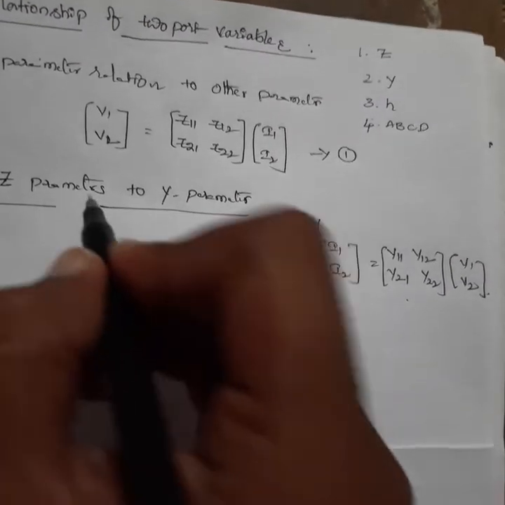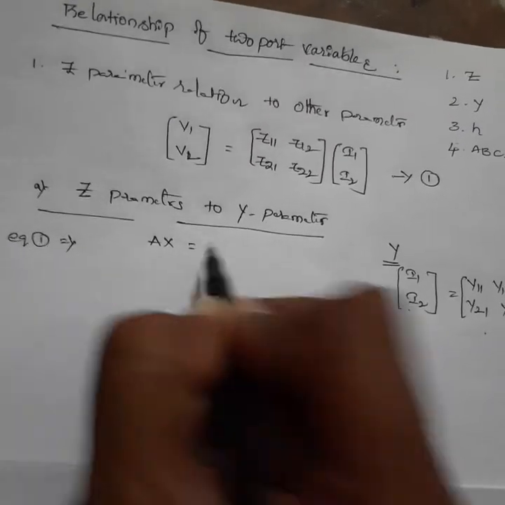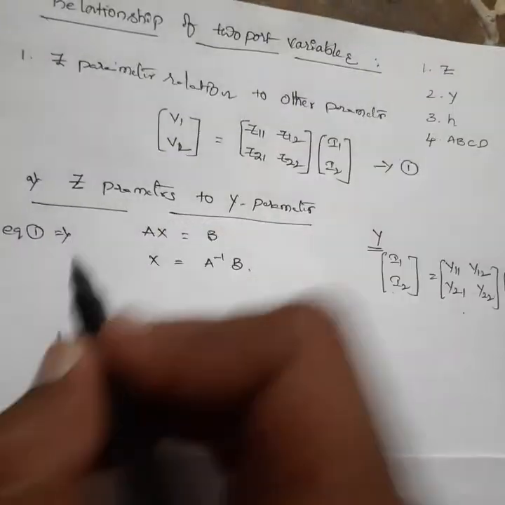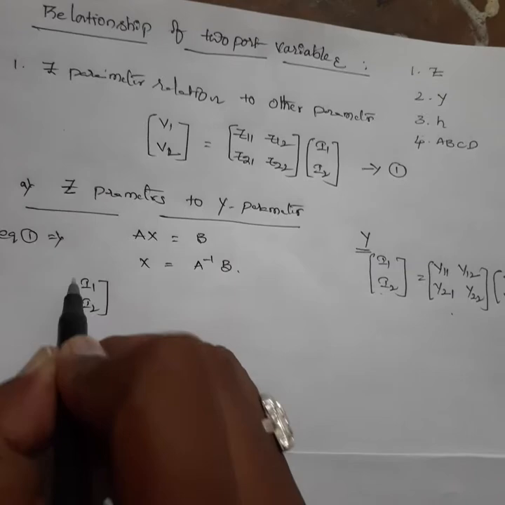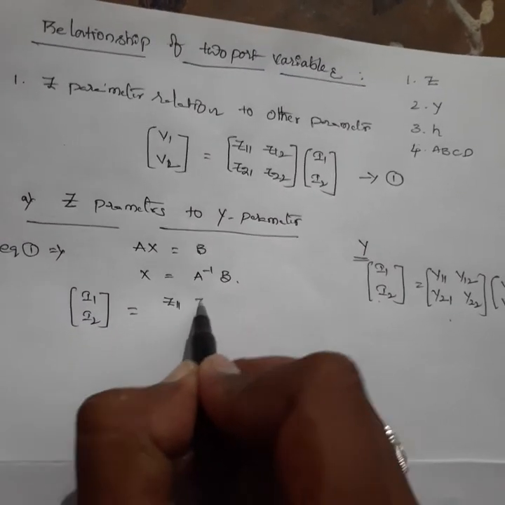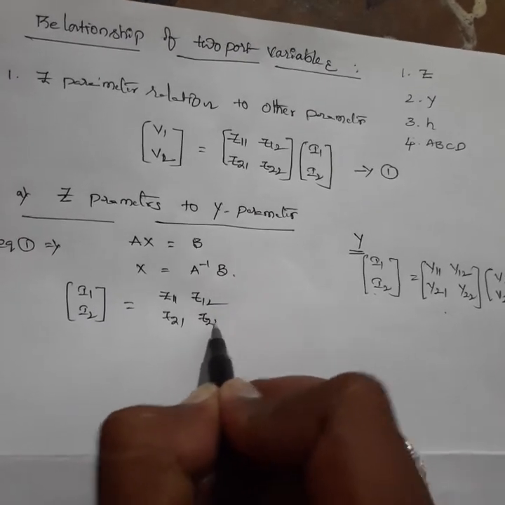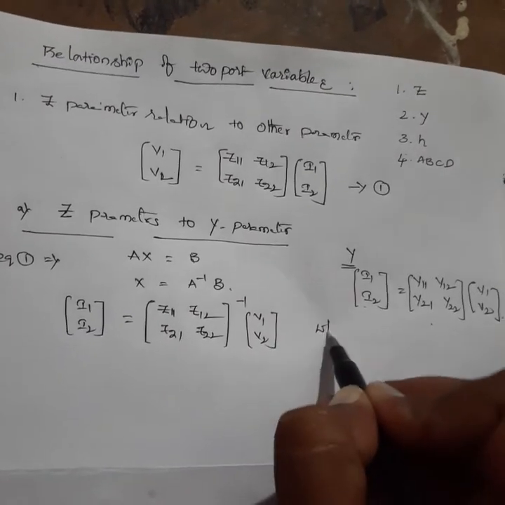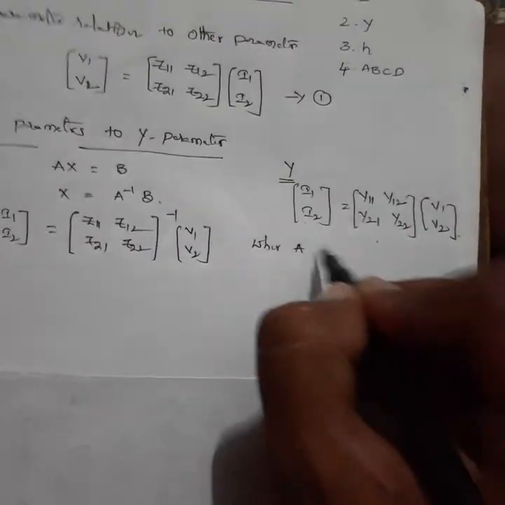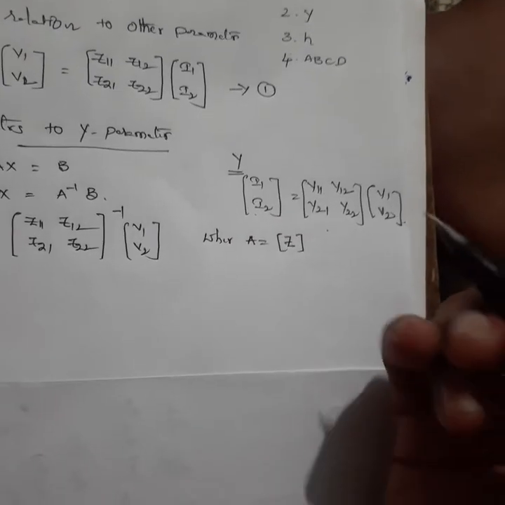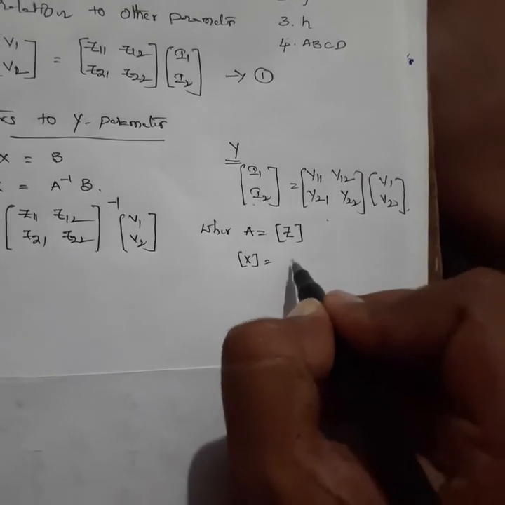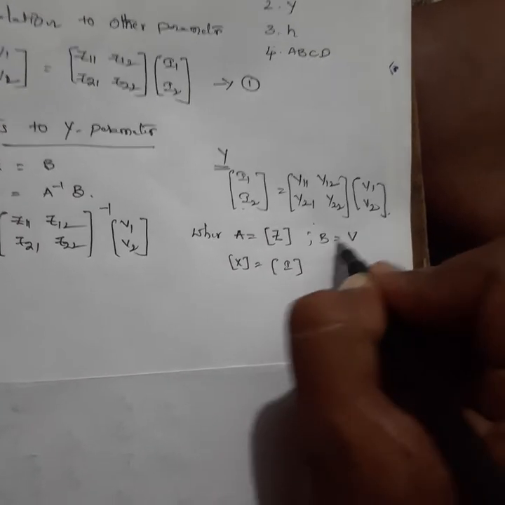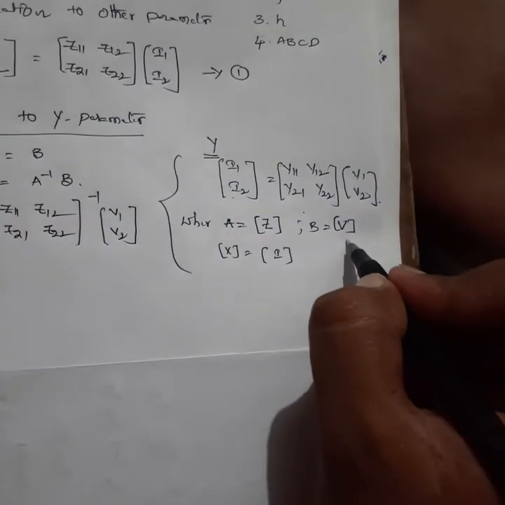So equation 1 can be inverted. In matrix form, suppose Ax equals B, then x equals A inverse of B. Like this, I write [I1 I2] equals [Z11 Z12; Z21 Z22] inverse times [V1 V2], where A equals the Z matrix, X equals the current matrix, and B equals the voltage matrix [V1 V2].